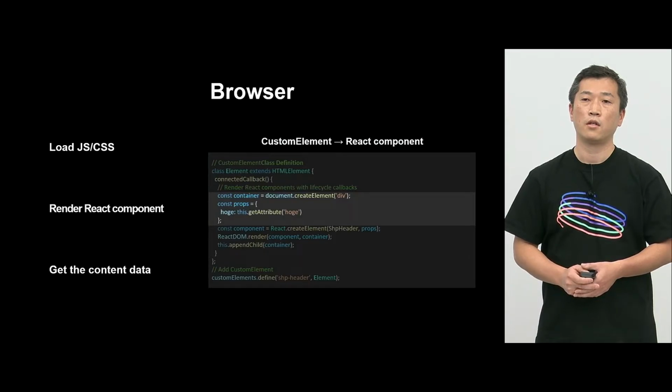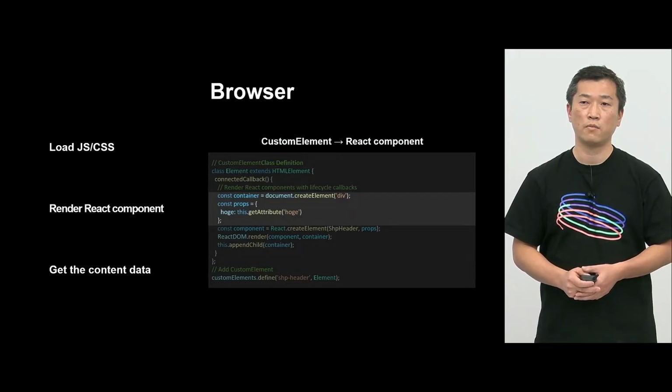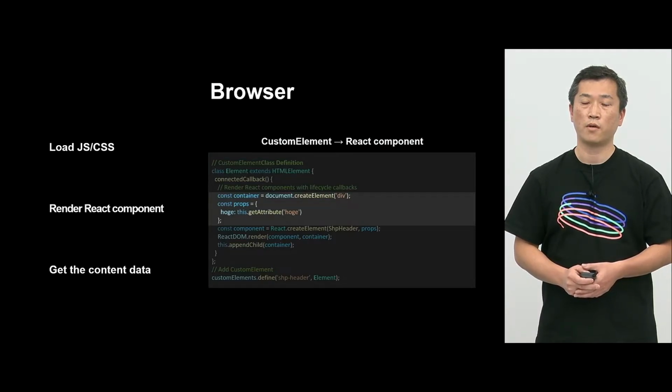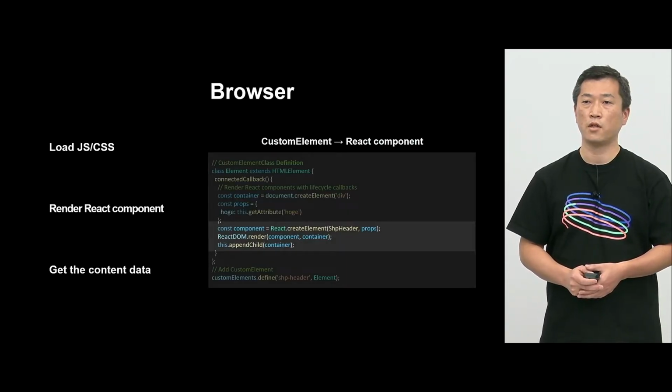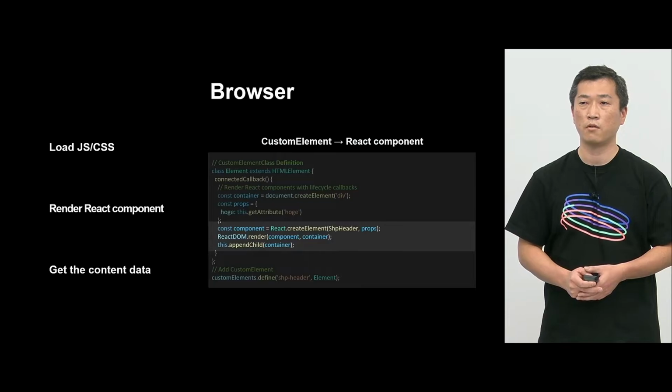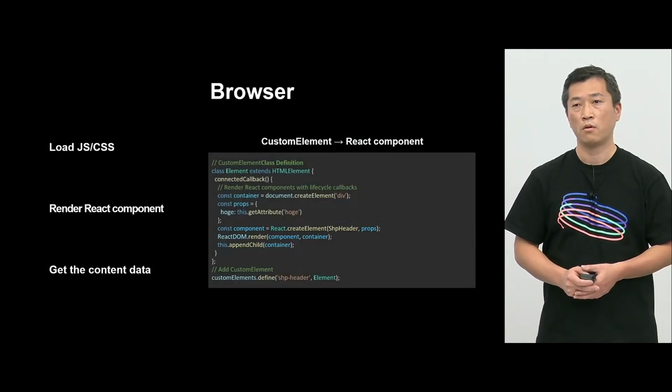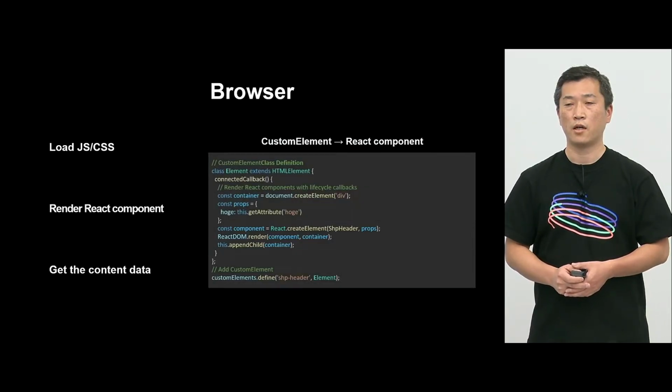Then the connected callback, a lifecycle callback, gets called. And to mount React, we create a container, and props are created from attributes. And then React renders and adds it below the custom element. This is the overall flow.